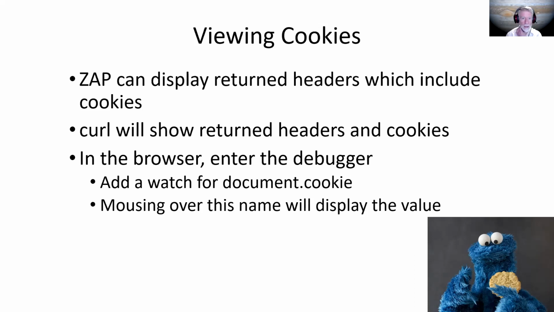Now, if a cookie is HTTP only, you will not see it, but you'll see the other cookies. And if you mouse over the name, it displays the value, which, like the previous cookie, can be kind of long. You can also right-click, copy it to the clipboard, and do whatever you want to with it from there. So you can see what cookies your computer is dealing with.